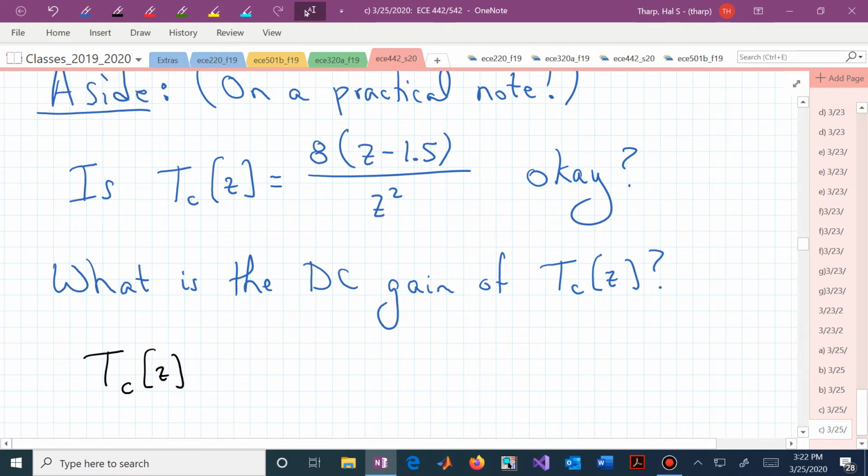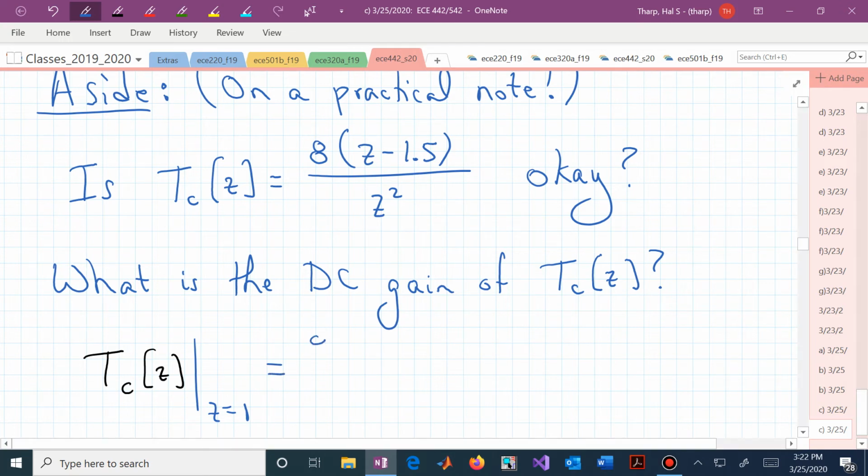We want to know what t sub c of z equals when we replace z with 1, at DC frequency.